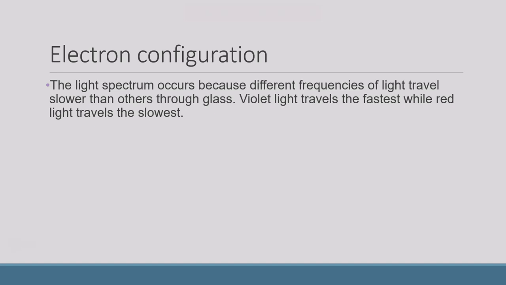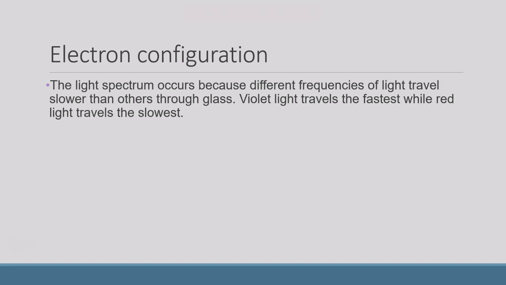Now, the light spectrum occurs because when the different frequencies of light enter glass, some frequencies travel slower than others. So, like I mentioned, red is the lowest energy light wave of the visible light waves, and it travels the slowest, and violet is the highest energy, and it travels the fastest.